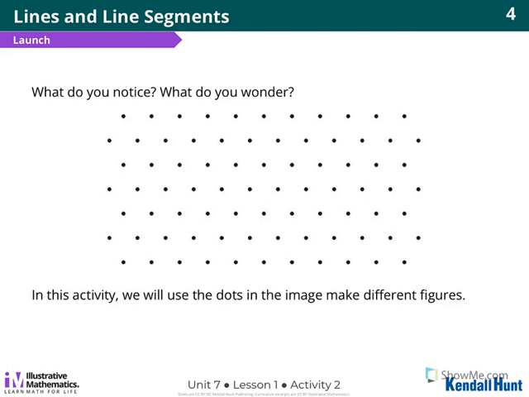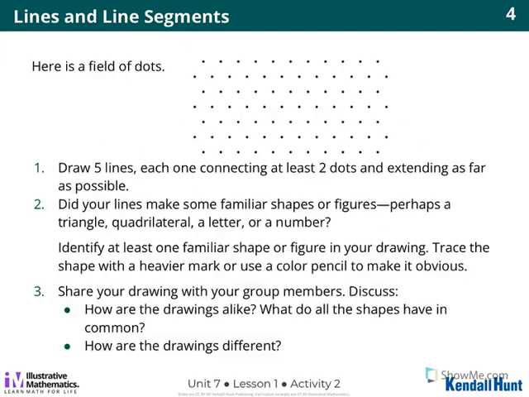Oh, how fun. Okay, so in this activity, you guys, we are going to use the dots in the image to make different figures. So, here is a field of dots. Look at number 1. Draw 5 lines, each one connecting at least 2 dots and extending as far as possible.